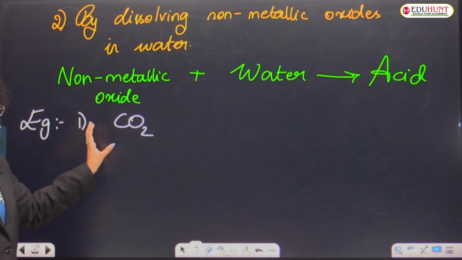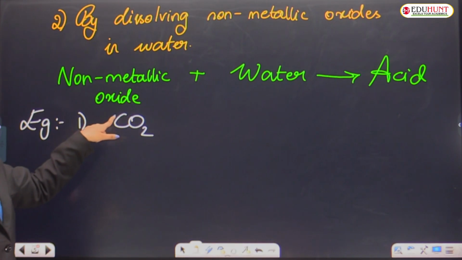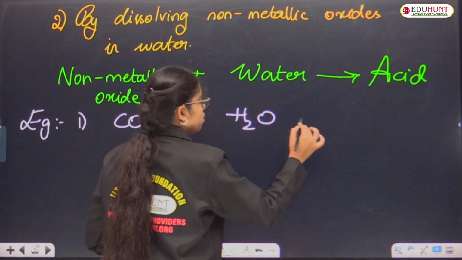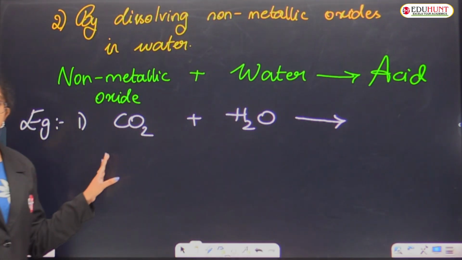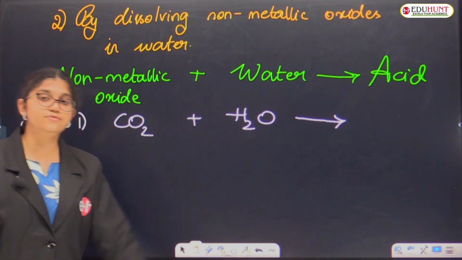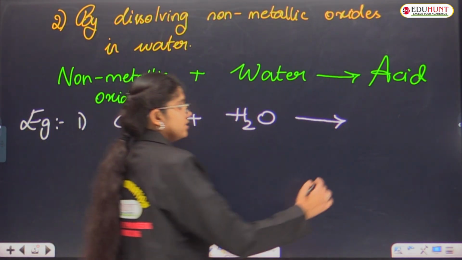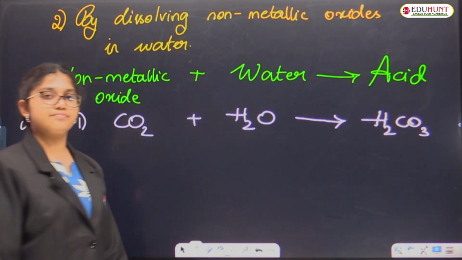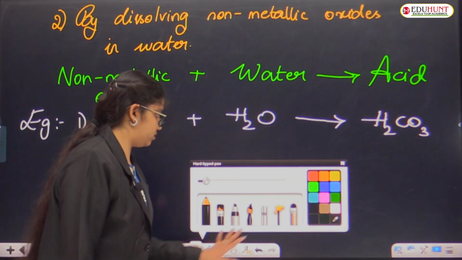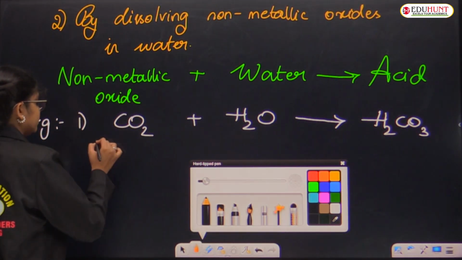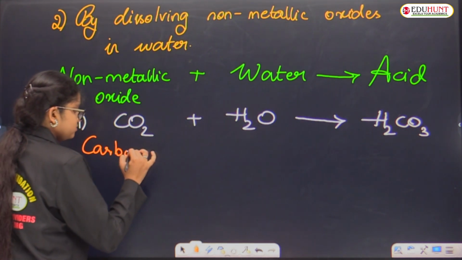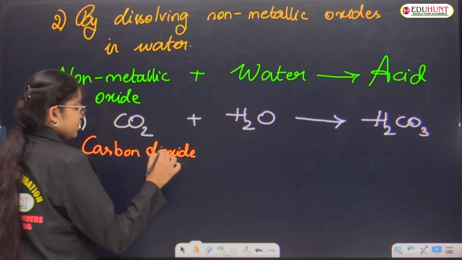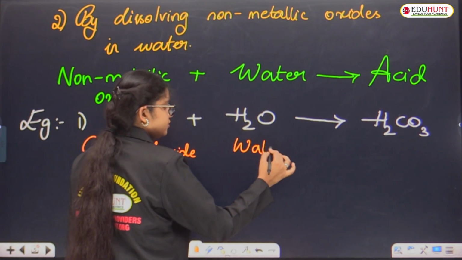So combined we call it carbon dioxide, an oxide. Now, water. Formula of water? Very good, H2O. When you take carbon dioxide plus water, what happens? Which acid is formed? It is H2CO3. What is H2CO3? Carbonic acid. Very good. Write the names right here. Carbon dioxide plus water gives rise to what?